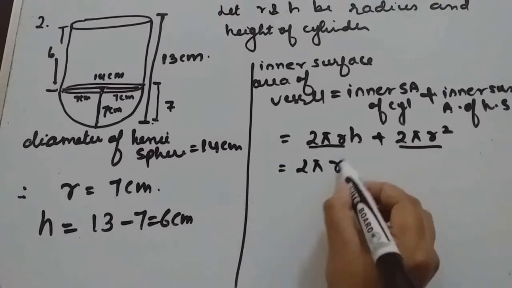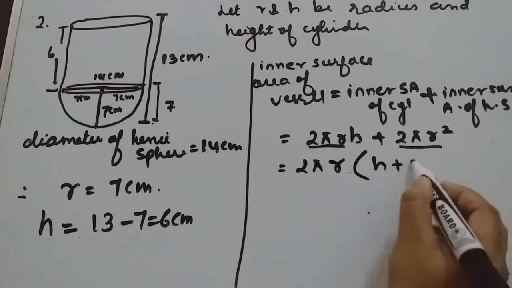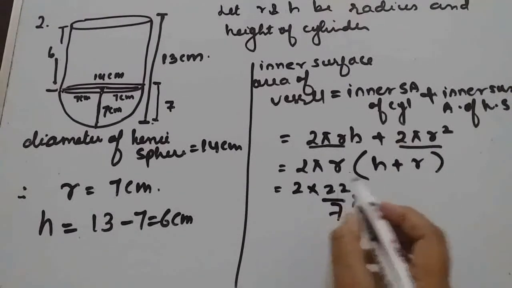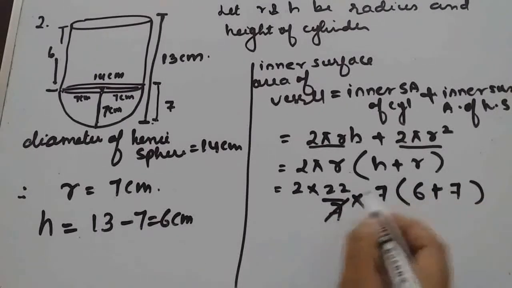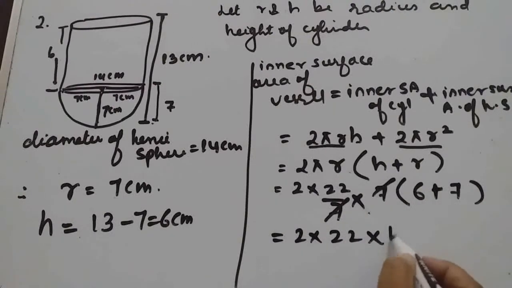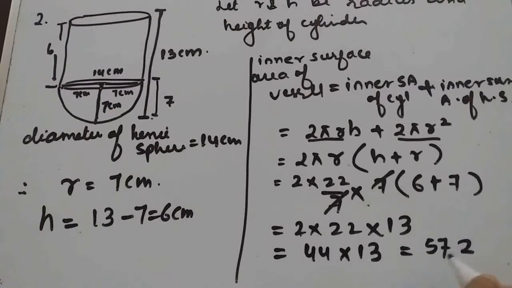So 2πR we will take common, so (H plus R). Now substitute the values. 22 by 7, R is 7, H is 6, R is 7. So this 7 will go, isn't it? So 2 into 22 into 13. So we multiply 44 into 13: 13 fours are 52, 52 and 5 is 57. So 572 centimeter square is the inner surface area of the vessel.